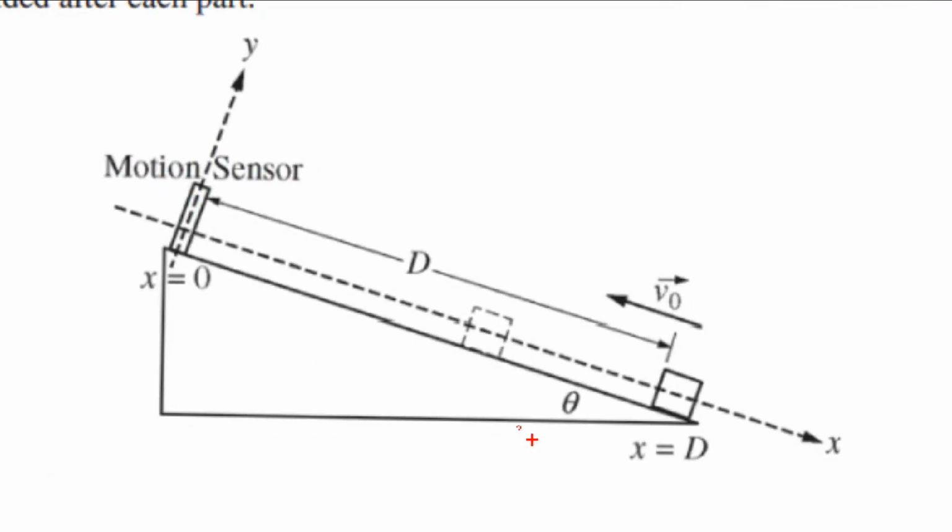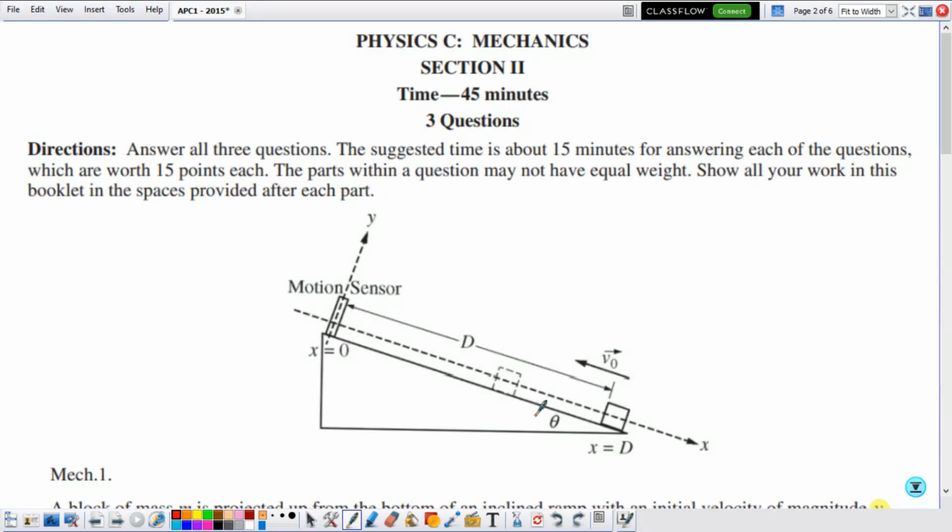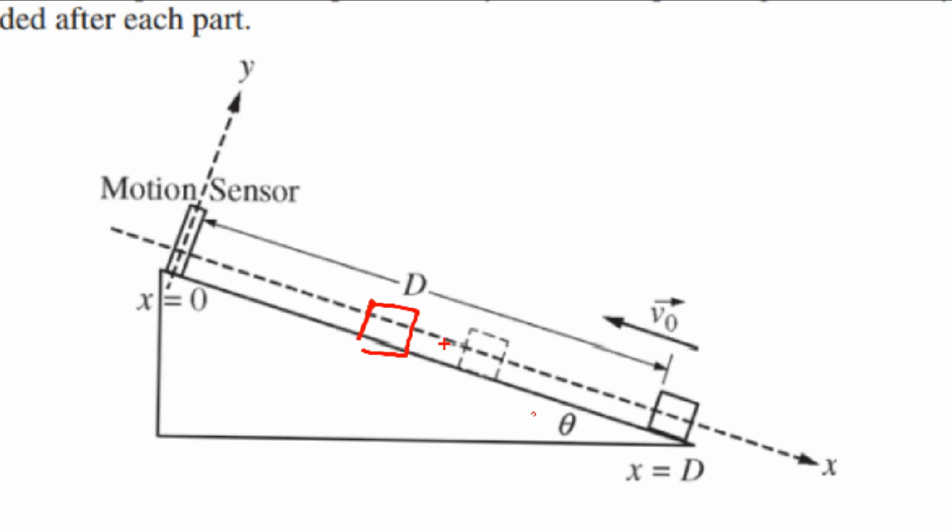Going up the ramp, gravity would be down and friction will be like that. So in this case both gravity and friction are acting down the ramp, while as it goes down, the pull of gravity will be down, however friction will be up the ramp, not down the ramp. So accelerations in both cases are not the same.